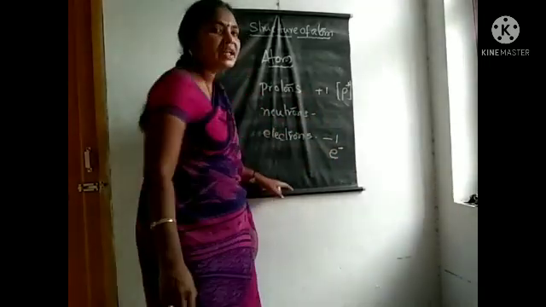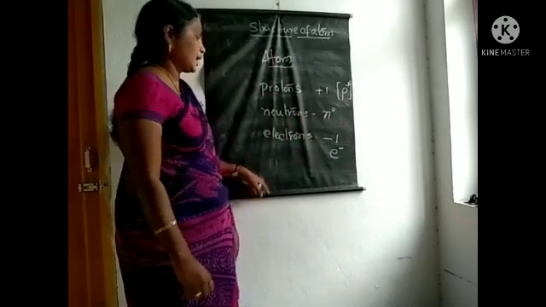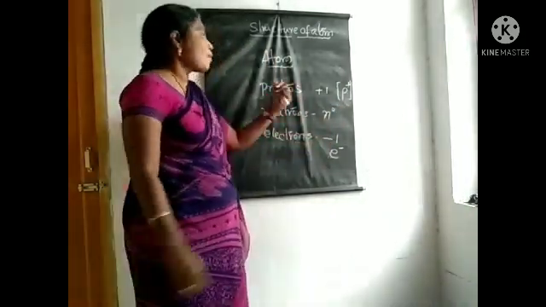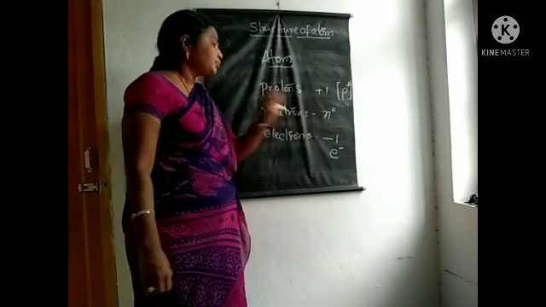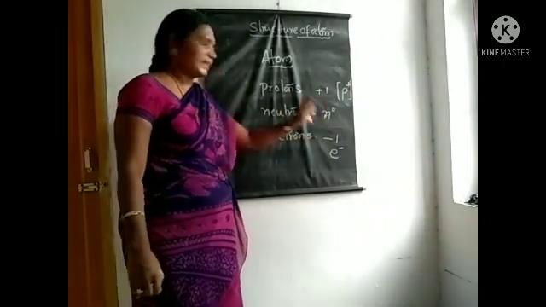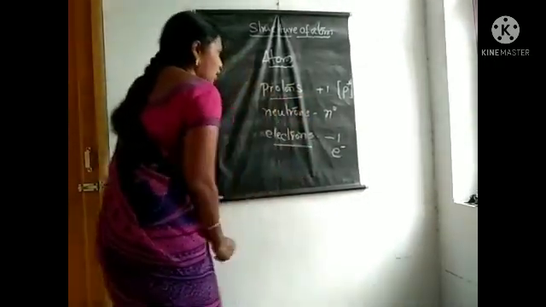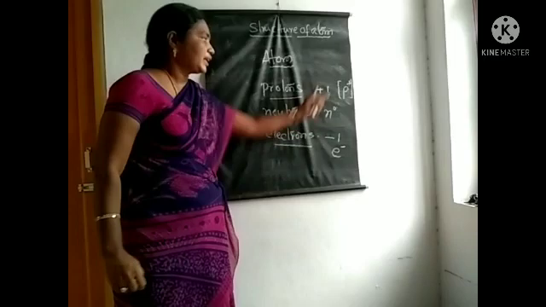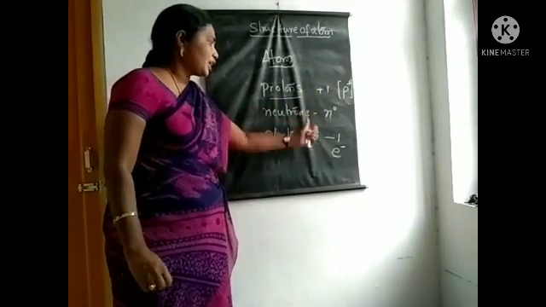Neutrons are neutrally charged and are denoted like this. Protons and electrons are electrically equal in magnitude.